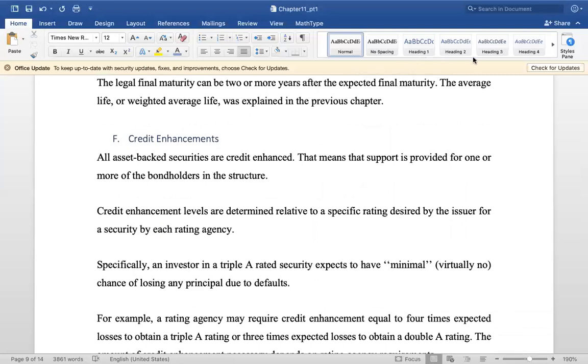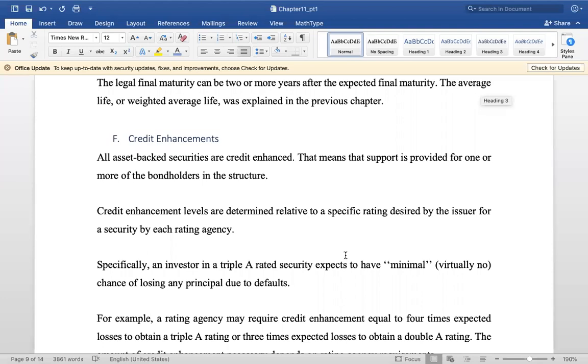Okay, so now let's talk about credit enhancement. All asset-backed securities are credit enhanced. That means that support is provided for one or more of the bondholders in the structure.